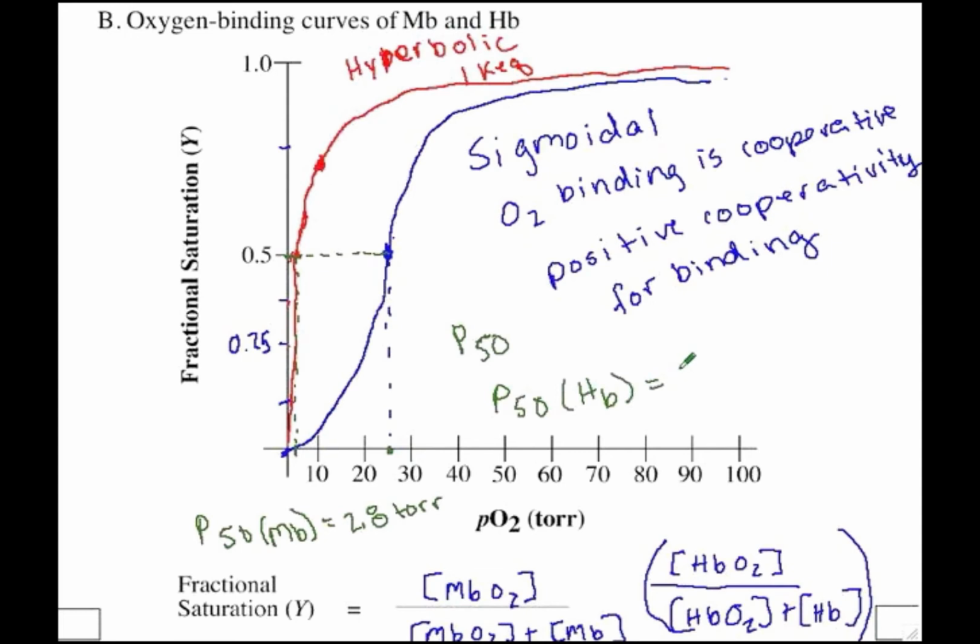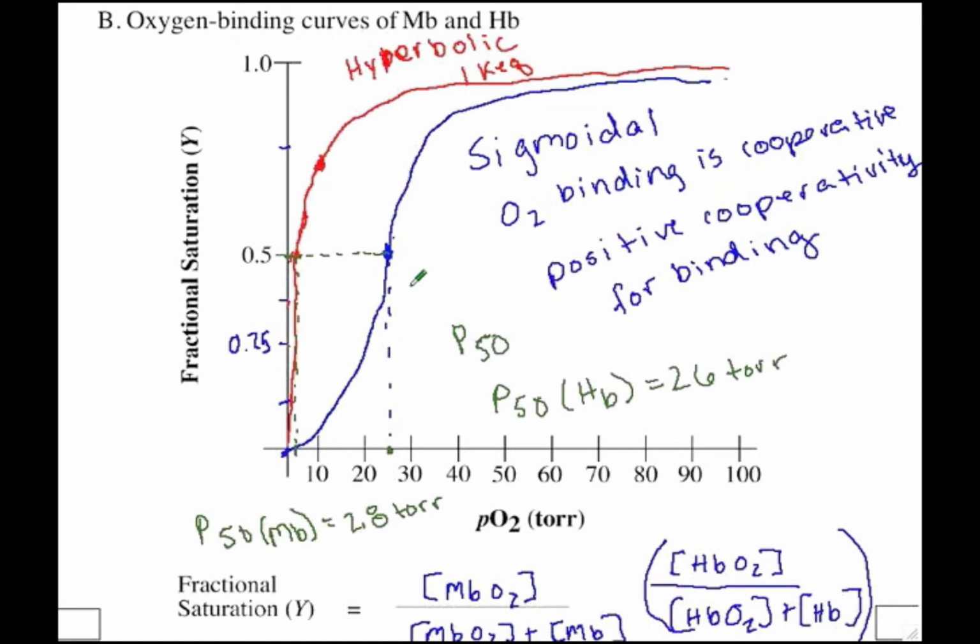Wow, there has to be a much, much higher concentration of oxygen, or a much higher partial pressure of oxygen, for hemoglobin to be 50% saturated. This is going to have very important consequences in terms of the transfer of oxygen from hemoglobin to myoglobin.